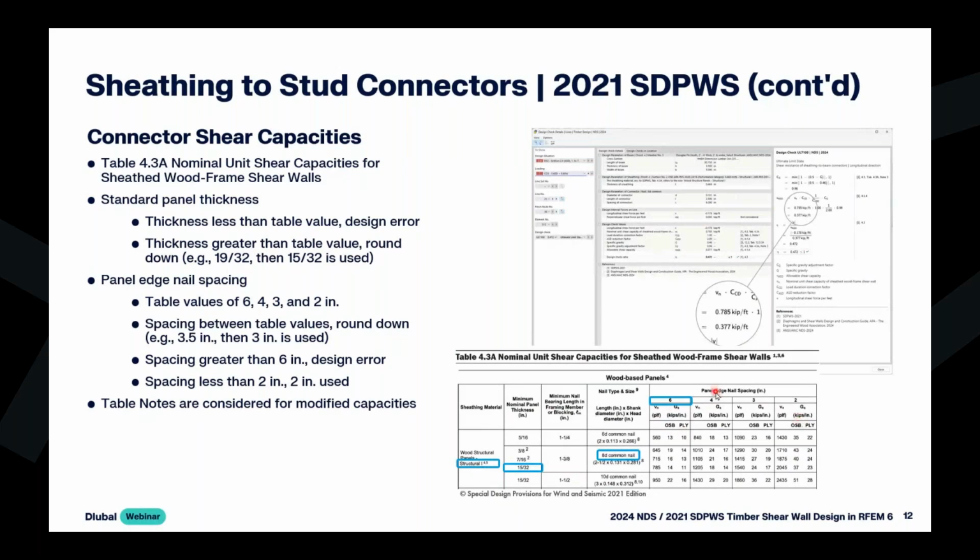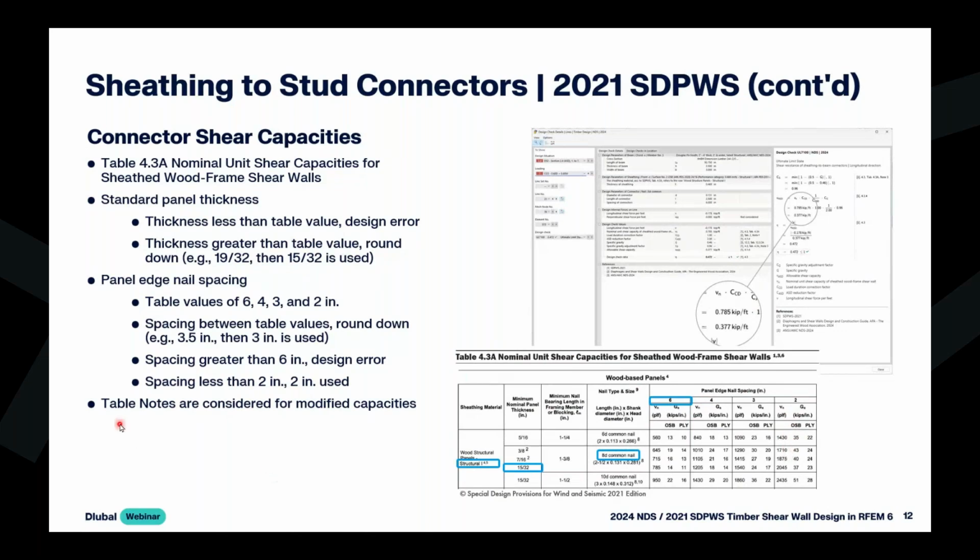If you have defined in RFEM a spacing that isn't in between these values, so for example, 3.5 inches, or if you defined here 5 inches, we're always going to round down to the closest value that's given here directly in the table. If you use a nail spacing greater than 6 inches, you're going to get a design error. SPDWS code does not allow this, so therefore neither does RFEM. Then finally, if you're using a spacing less than 2 inches, again, we take the conservative approach and we will just use the capacity here for 2 inches.